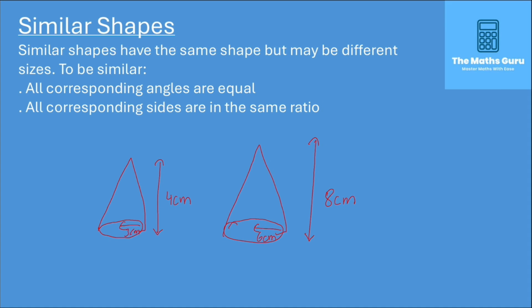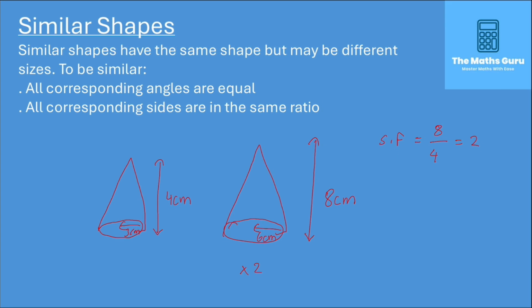As you can see, in terms of ratio, these two are exactly the same. So this one is times 2 of this one. So the scale factor is the larger one divided by the smaller one, which is equal to 2. So in this case, the scale factor between these two is times by 2.